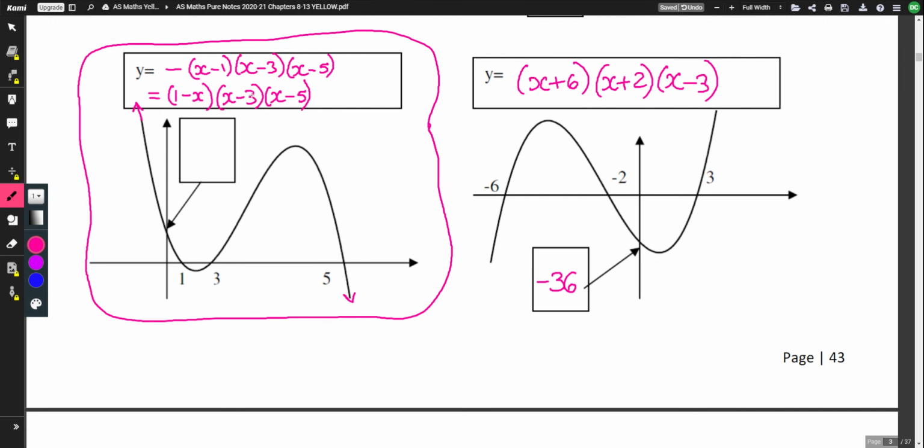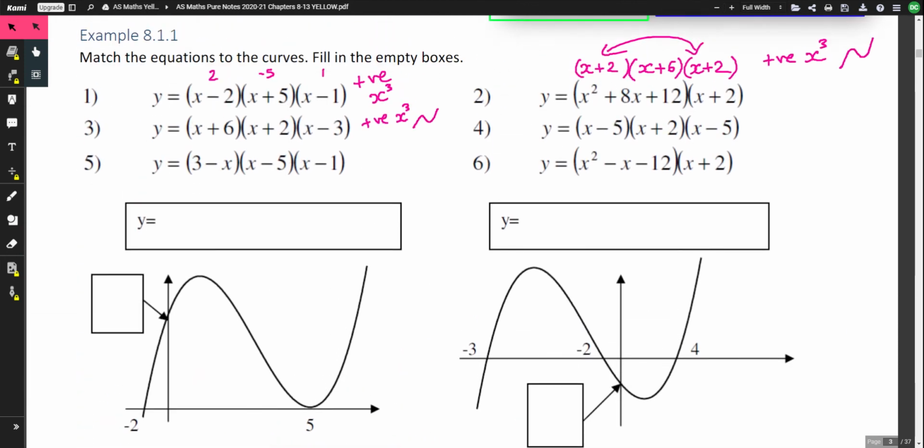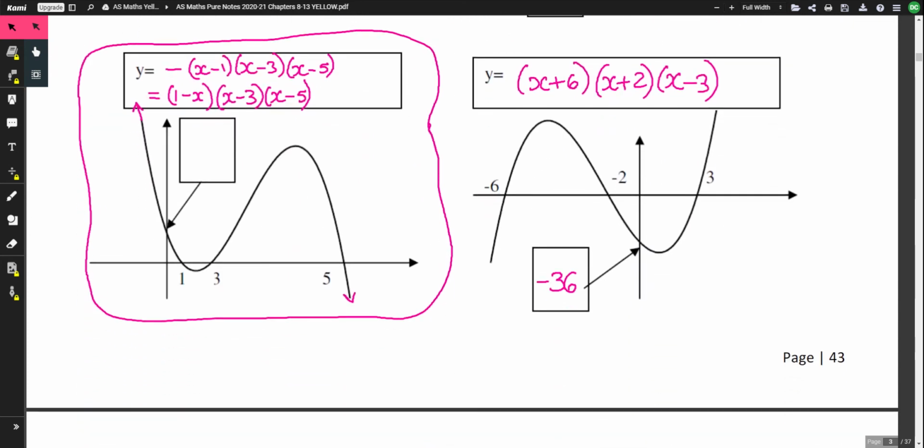We go back to the list of equations. If we look at number 5, that is the one that looks like our equation, but we can see the minus has been absorbed into the middle bracket.